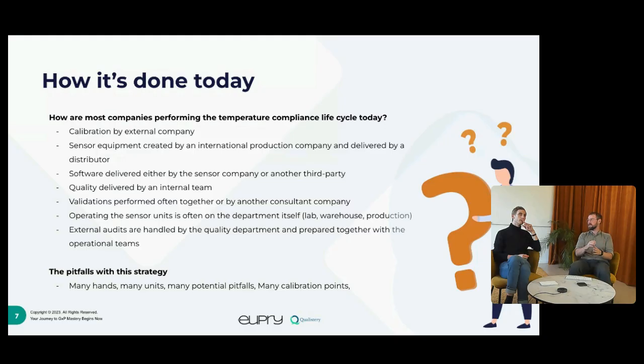Furthermore, with validations, we see almost a 50-50 split between validations being performed within the company or by a third-party vendor. With the onset of coronavirus, we started to see an increase in insourcing it. But from our perspective right now, we see a lot of companies outsourcing this activity in order to save time, and often we find that it's cheaper to outsource this capability to an outside party.